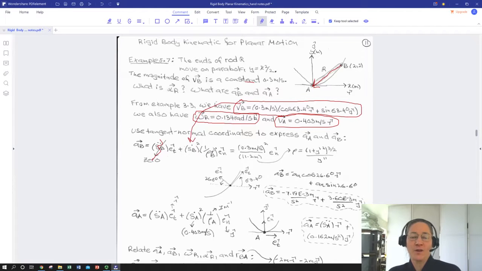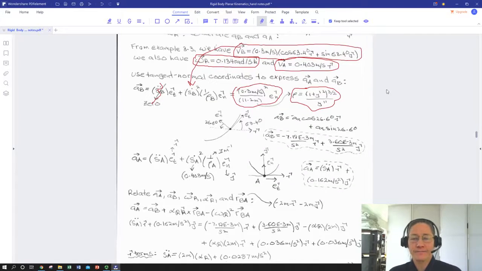divided by the radius of curvature at B, which we've calculated previously, and we can calculate anywhere using our mathematical expression for radius of curvature of any function at any point. And so we can get a numerical expression for the acceleration at B, which happens to be all in the normal direction, probably because it's moving at a constant speed, and we know what direction it's pointing.